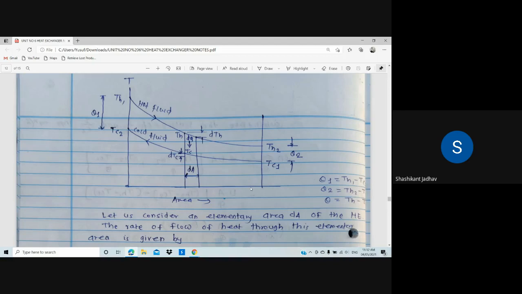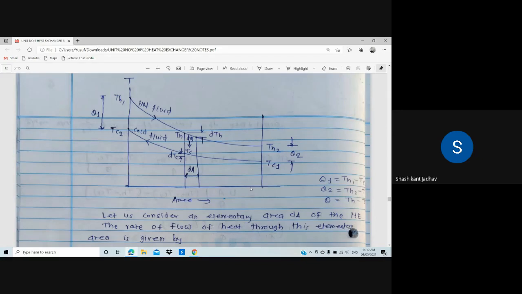Next line, the rate of flow of heat through this elementary area is given by.